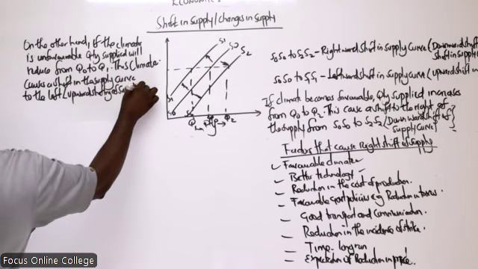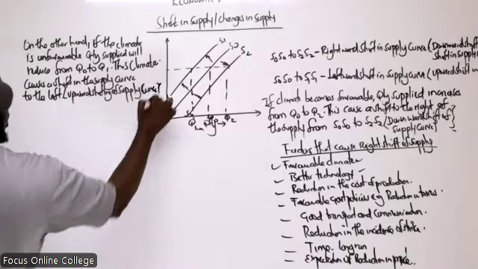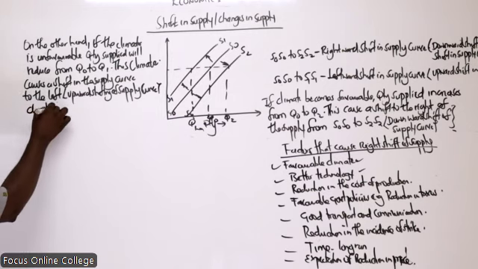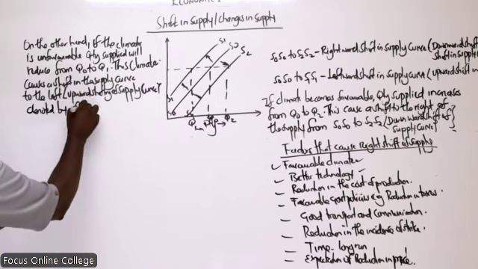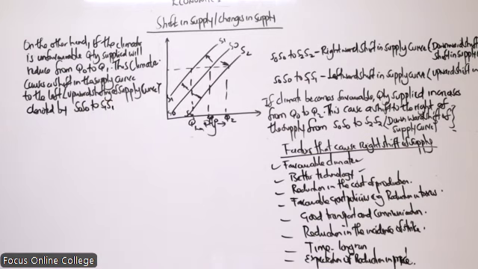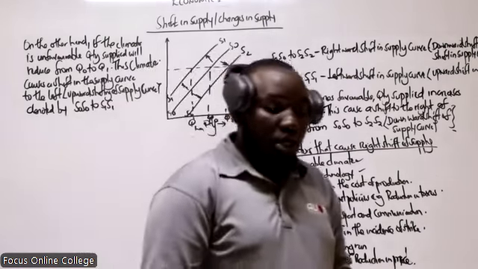The other name is upward shifting of the supply curve. It is denoted by S0 to S1.